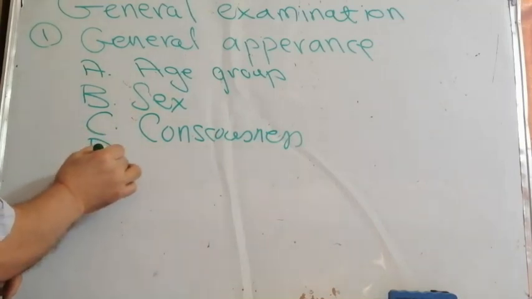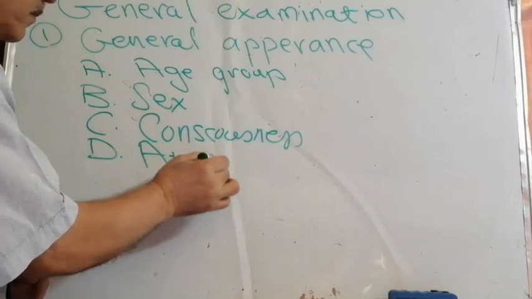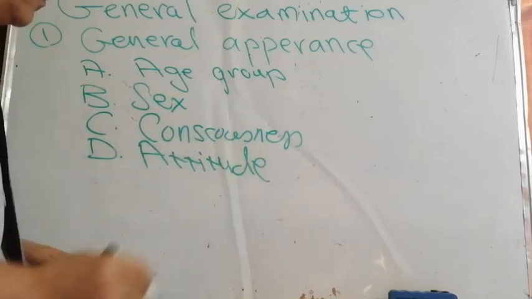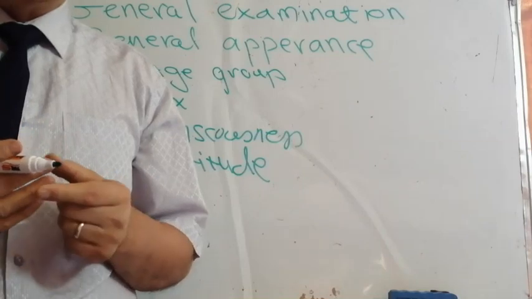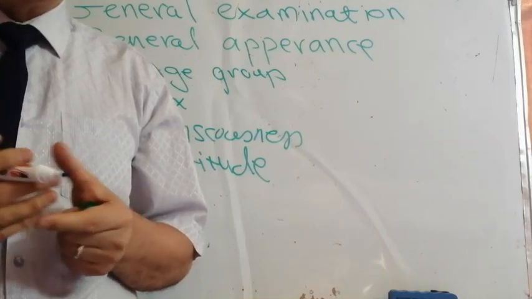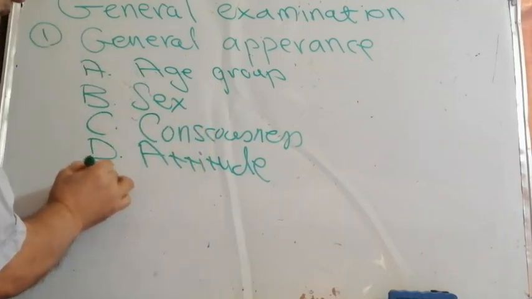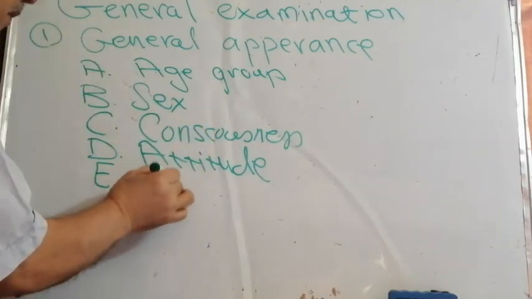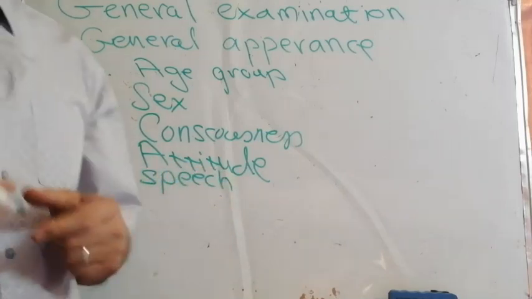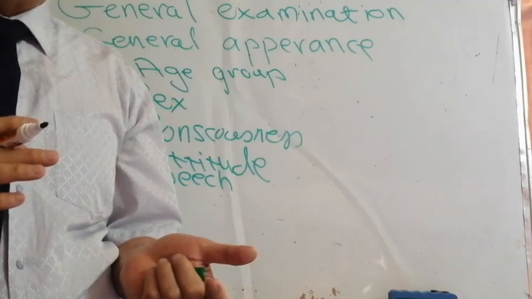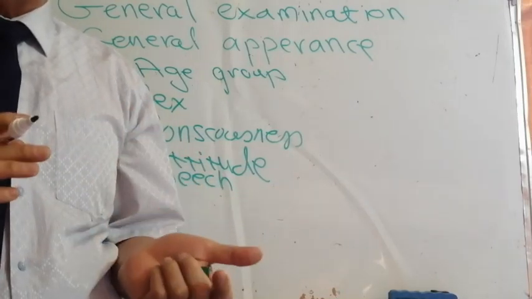D, attitude. Sitting position, supine, prone, standing, and so on. E, speech. Regular speech or dysarthria or unable to speak.